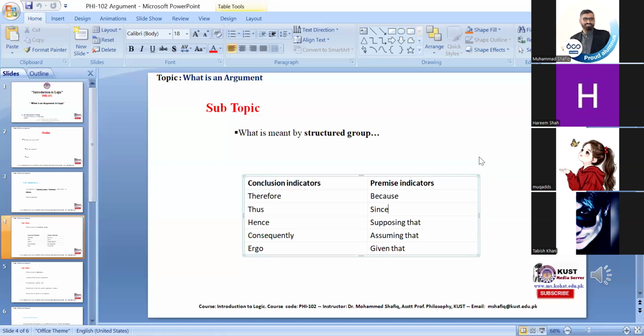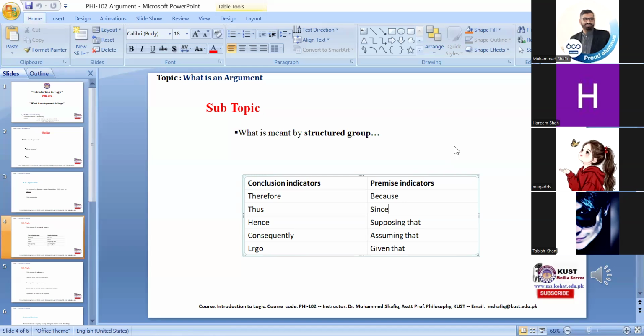For example, if I say all students are intelligent, this is a premise. Then I say Mr. X is a student, that is the second premise. Then we draw a conclusion on the basis of these two premises: therefore, Mr. X is intelligent.